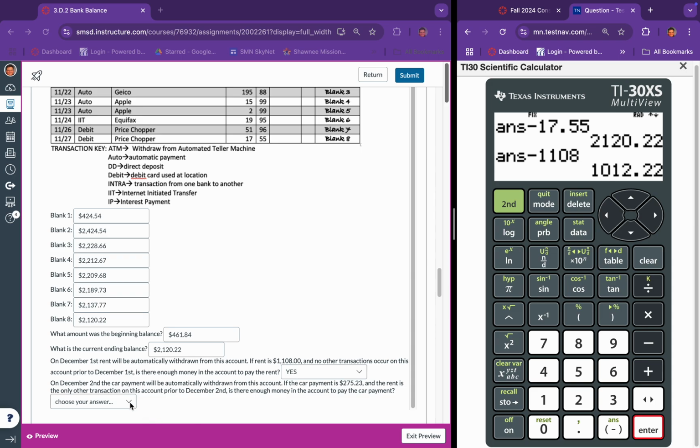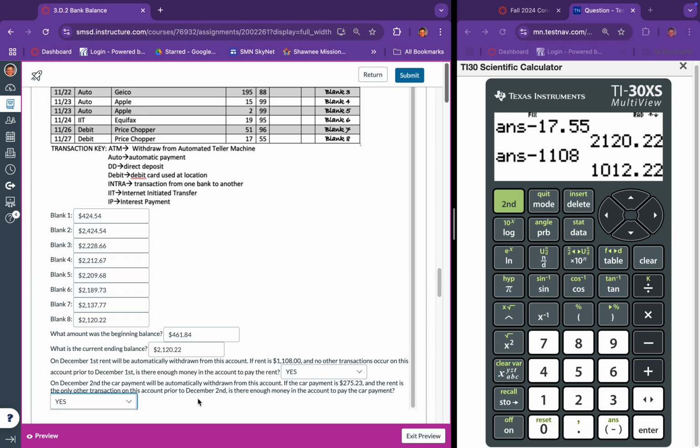Yes, there is. So this is one of the things that you have to be really careful of now that we live in a world where you pay everything automatically right out of your account, is you need to make certain that there's enough money in the account at any given time to pay all the institutions that are going to automatically withdraw from your account.